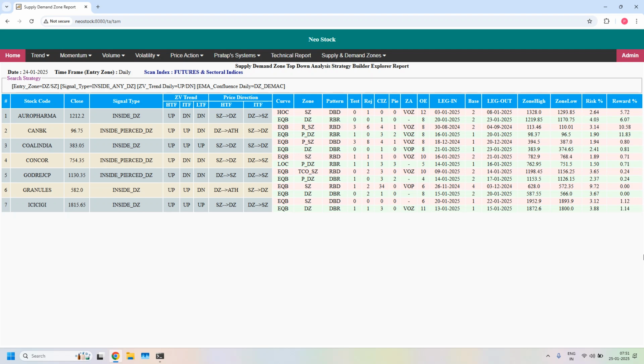From 72, the list has come down to 7 stocks, and these daily demand zones are having daily EMA Confluence. A couple of these stocks are pierced zones. You can apply pierced zone strategy. I think 3 stocks out of 7.